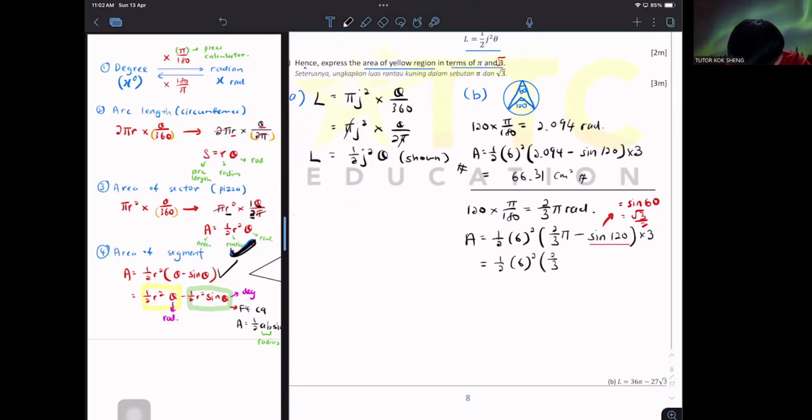Okay, so 2 over 3 pi. So you have to manually expand because cannot press pi, cannot press the square root 3. Okay, let's key in one by one. These two can times also, and also with the 3 at the back. 1 over 2 times 6 square and 3, 54.